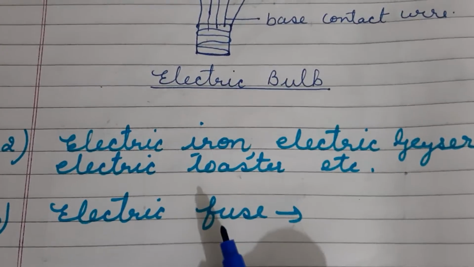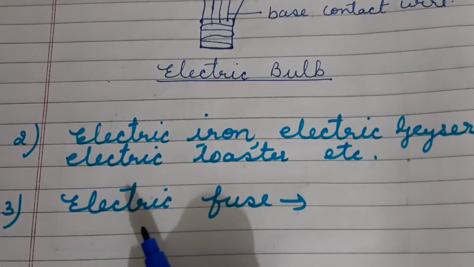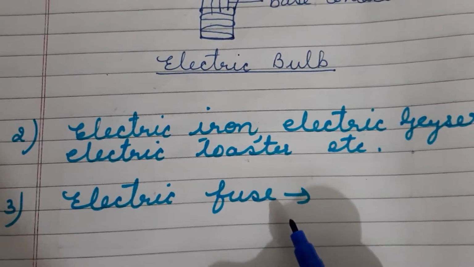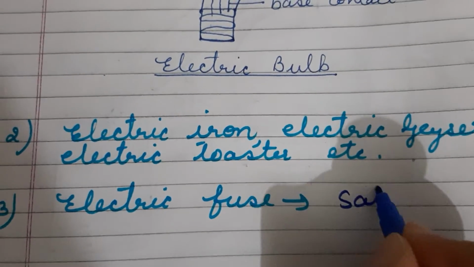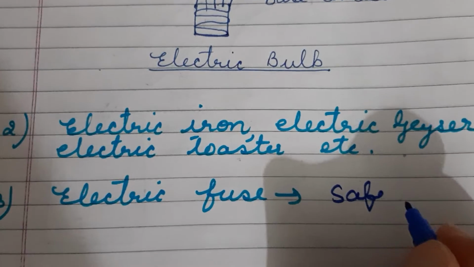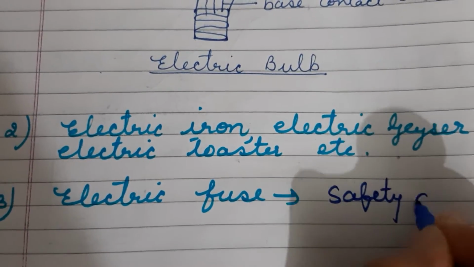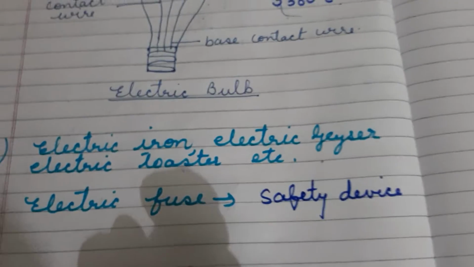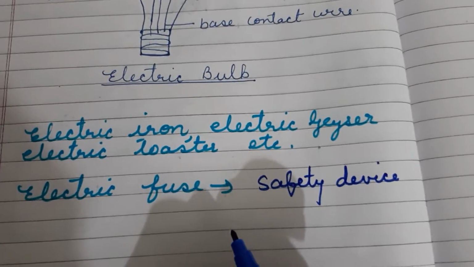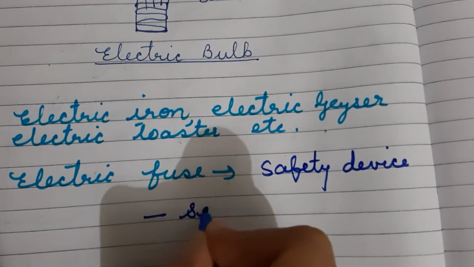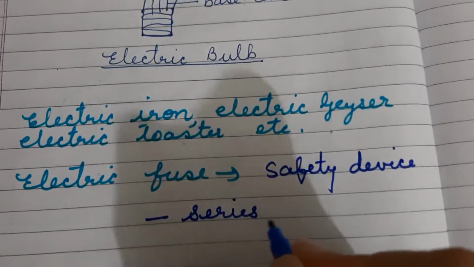Now, the next important application of the heating effect is the electric fuse. We know that the electric fuse is a safety device used at our home. This fuse is connected in the circuit in series combination.